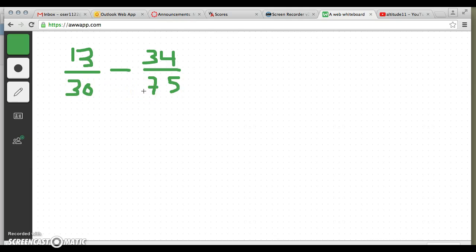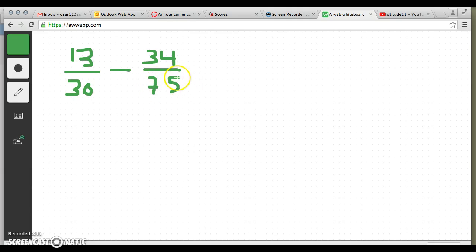Remember, you pick the largest of your denominators, in this case 75, and go through the multiples of 75 until you find a number that is also a multiple of 30. You always want to check the largest number itself, 75. Maybe it is a multiple of 30, but we should see that it is not. 30 times 2 would be 60, and 30 times 3 would be 90, neither of which are 75.